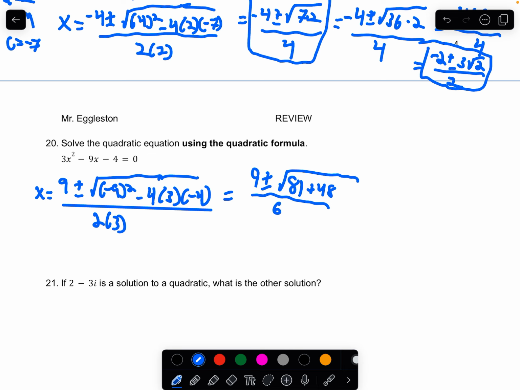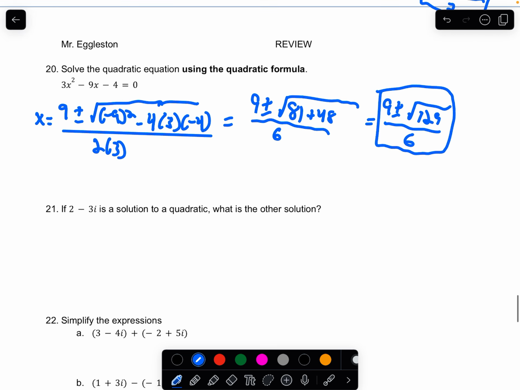I don't know what 81 plus 48 is. It's 129. So it's 9 plus or minus the square root of 129 over 6. And I don't think you can simplify 129. I know 3 goes into it, right? Because 1 plus 2 plus 9 is 12. So 129 divided by 3 is 43. Yeah, you can't simplify it. So that would be the answer.